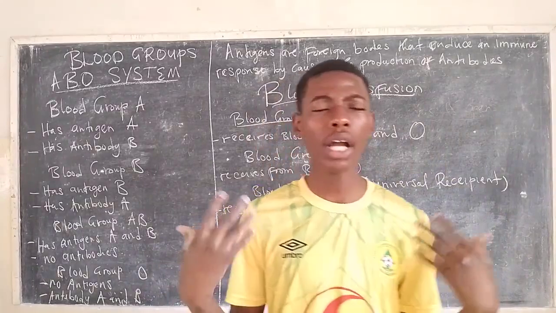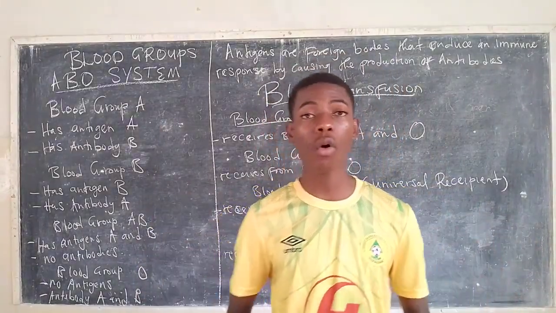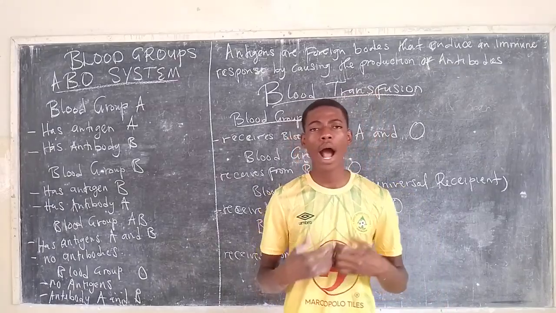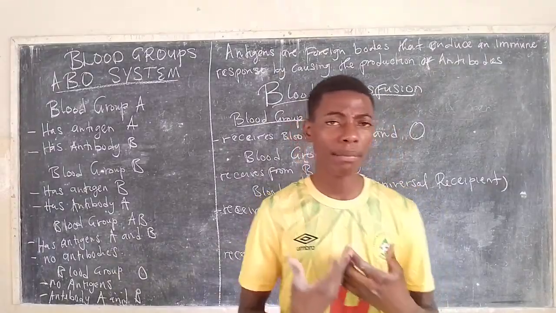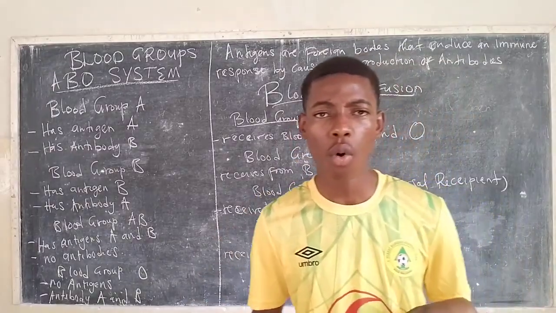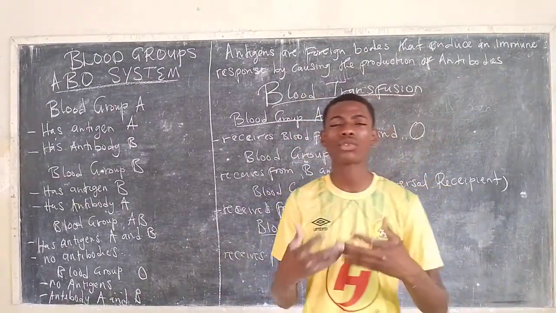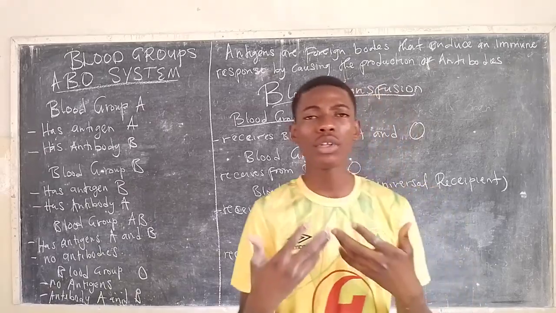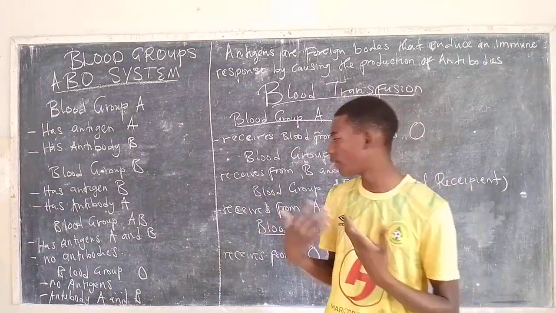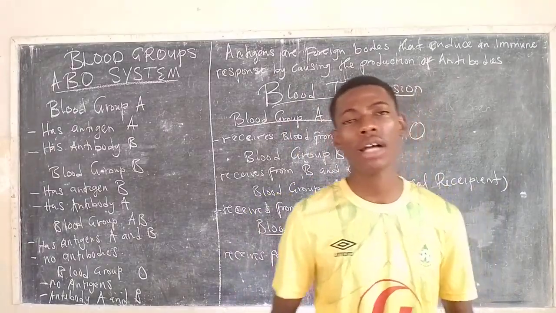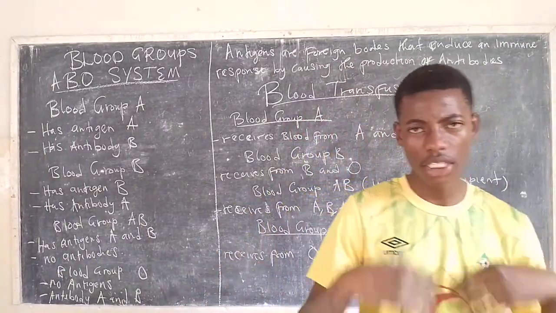Now the blood group O has antibodies A and B, which means it has the antibodies that fight blood group A and B, but it does not have any antigens on its red blood cell.